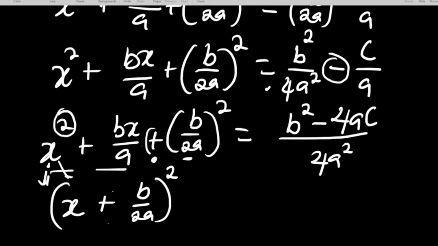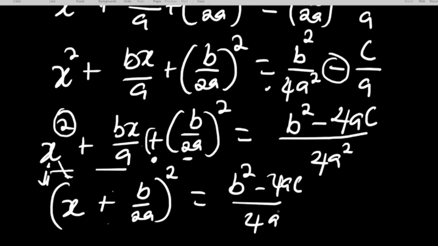Expanding x plus b over 2a squared gives you x squared plus bx over a plus b squared over 4a squared, which is the original expression. Now this is equal to b squared minus 4ac over 4a squared.